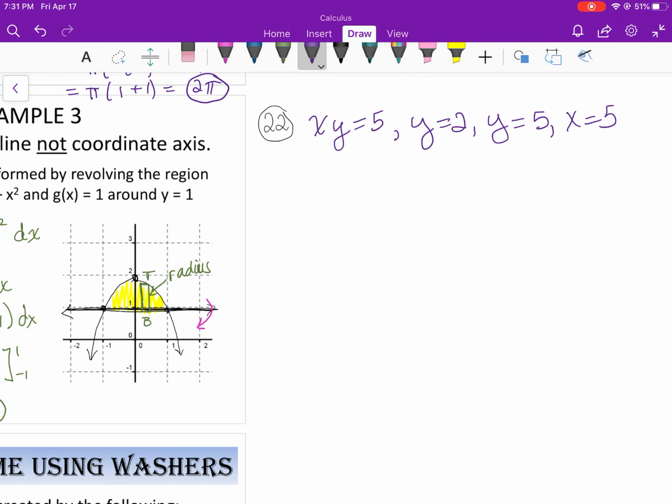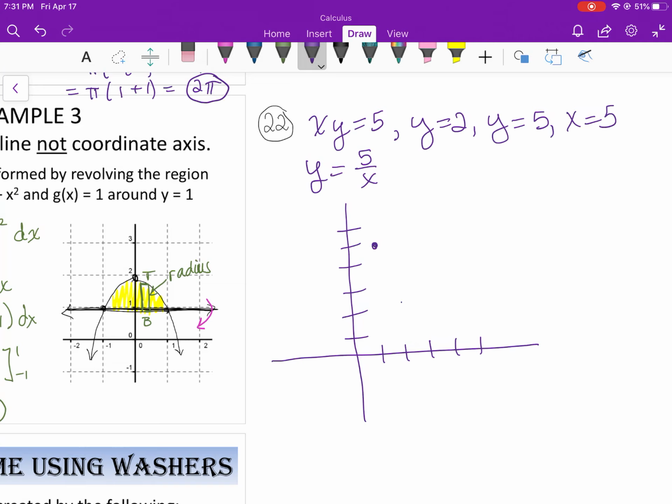So this would be y equals 5 over x. If I consider a graph, it's undefined at 0. When x is 1, this is 5. When x is 2, I am at 2.5.